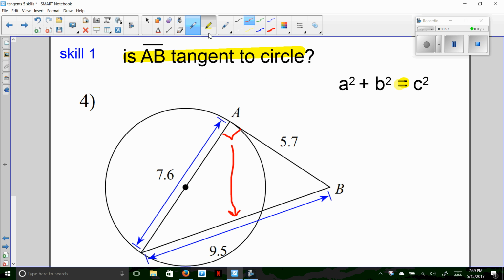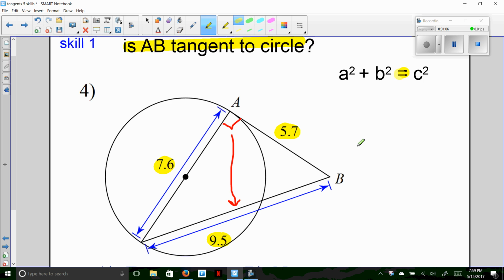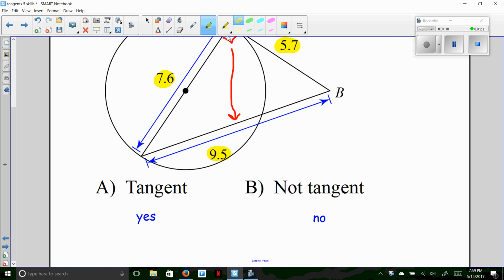So you put your A in, A squared plus B squared, and see if they add up to equal 9.5 squared. And in this one, they do. So if they come out equal, it's a tangent, meaning yes.